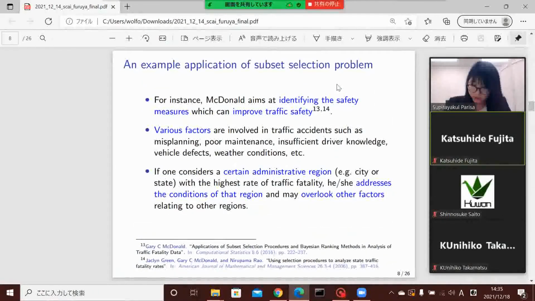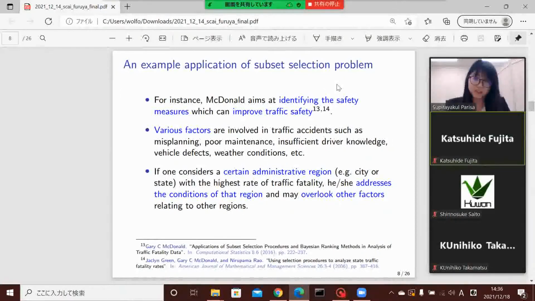Here I would like to give an example of an application of the subset selection problem. For instance, suppose one aims at identifying the safety measures which can improve traffic safety. When we talk about traffic safety, a traffic accident may have various factors like misplanning, poor maintenance, insufficient driver knowledge, or weather conditions.